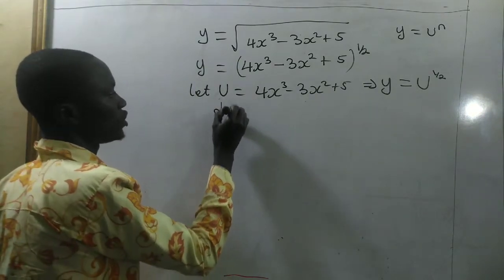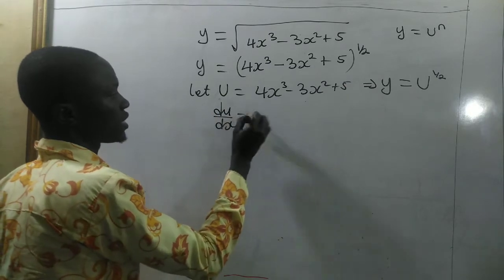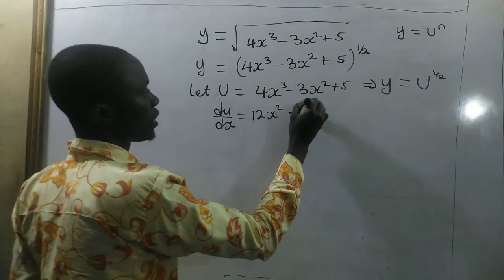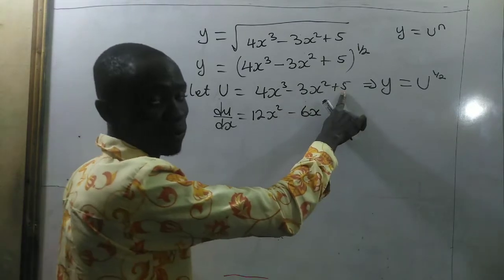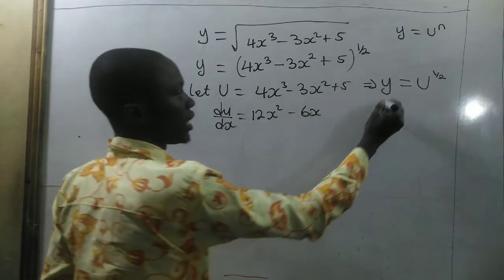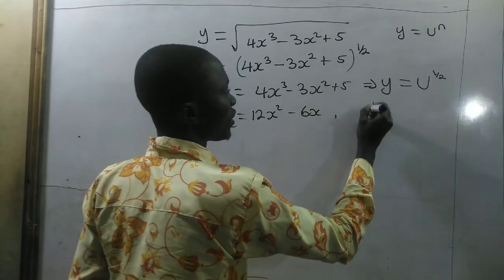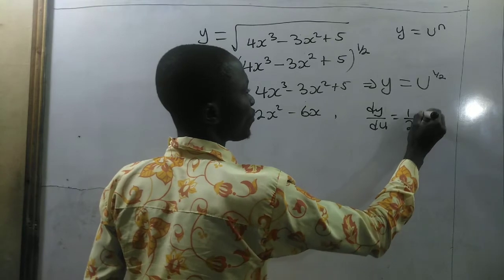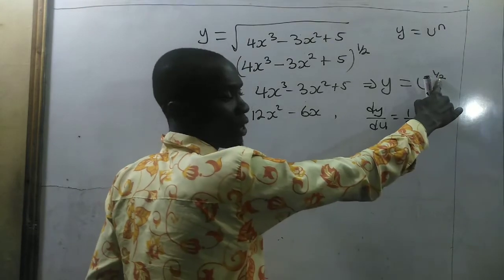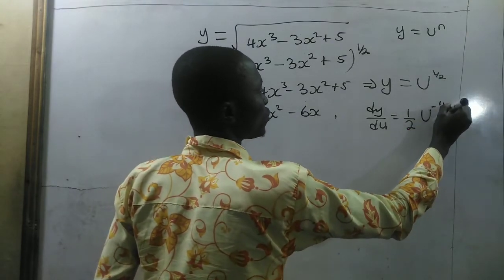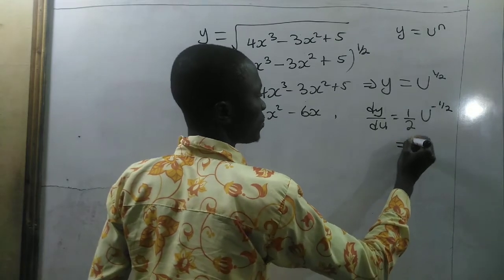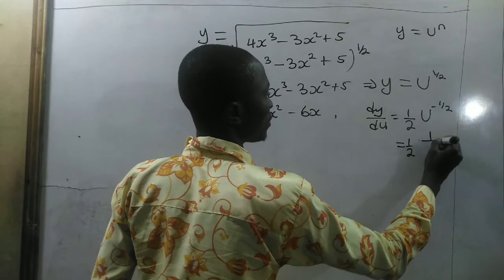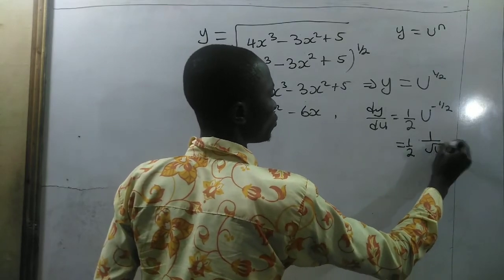So we have here du on dx is equal to 3 times 4, 12x squared minus 6x. And the derivative of constant is 0. And now here we have our dy on du equal to half of u. You subtract 1 from half, you get negative 1 out of 2, which is the same as 1 divided by square root of u.